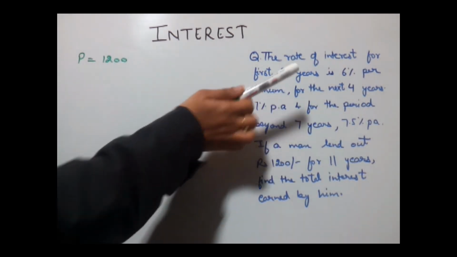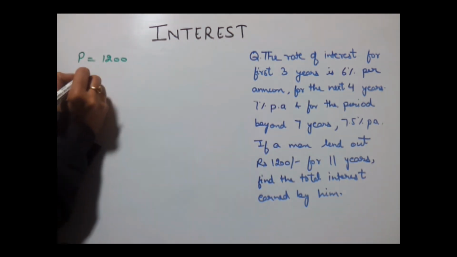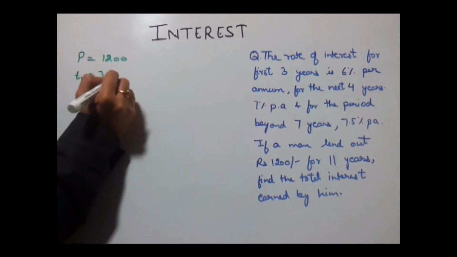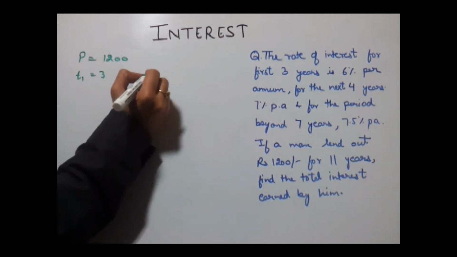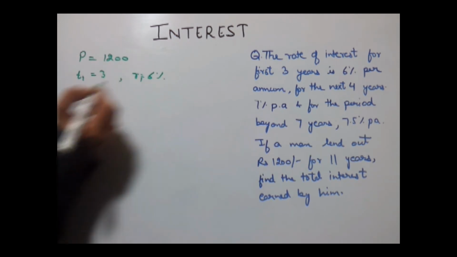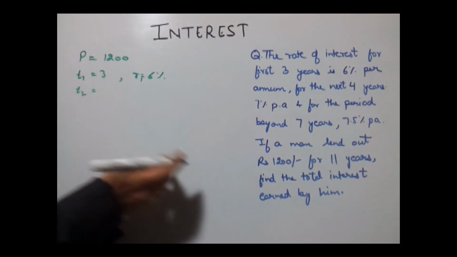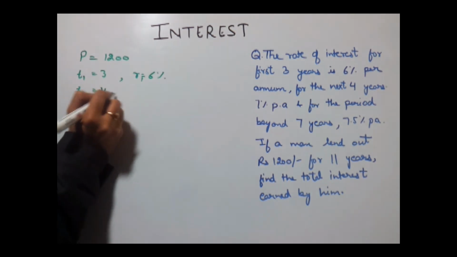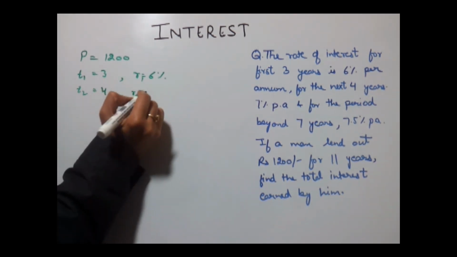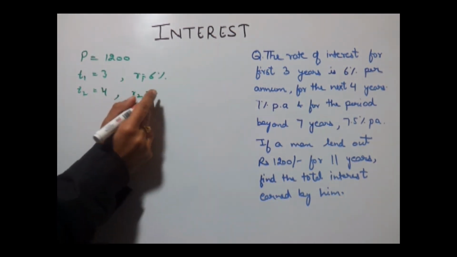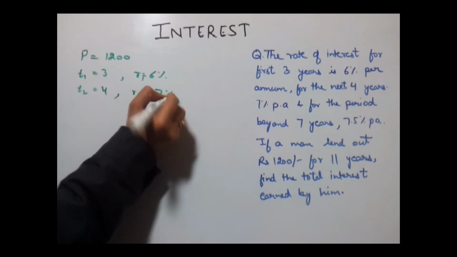R1, which is for first 3 years, say T1 is 3 and R1 related to this is 6%. Similarly, T2 is 4 years and rate of interest for this, say R2, is 7%.